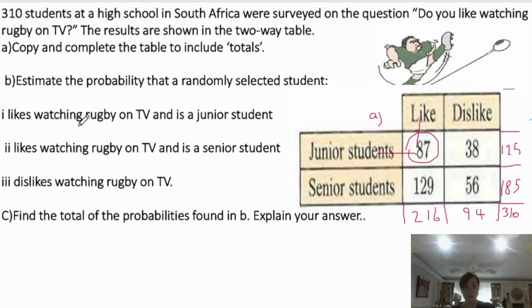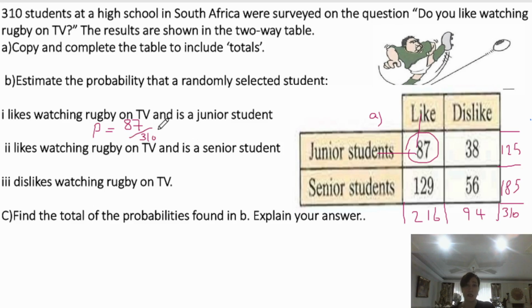The probability equals the favorable outcome, which is 87, over the total students, which is 310, because I am selecting one student randomly from 310 students.